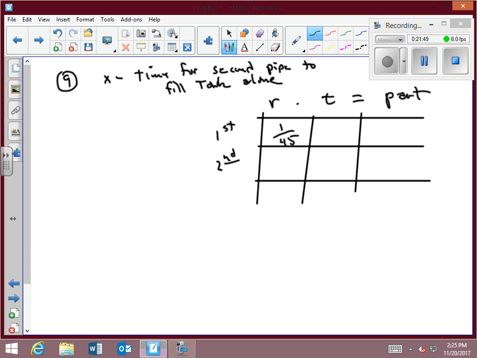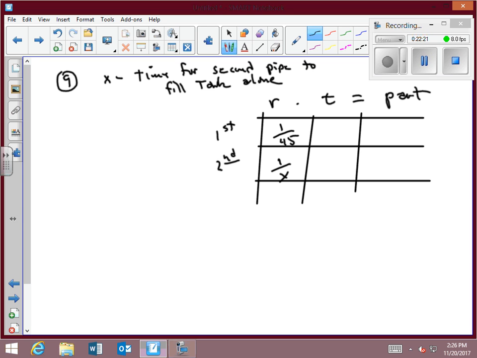What's its rate? 1/X, isn't it? The rate is always 1 over the time that it takes to fill it by itself. The first one can fill it by itself in 45, the second one in X. So the rate for the first one is 1/45, for the second one is 1/X. Does that make sense?